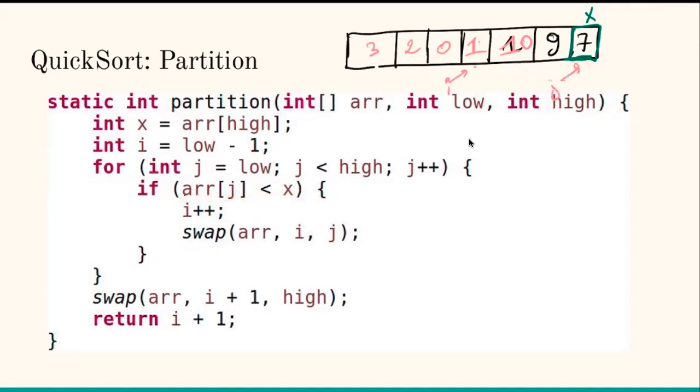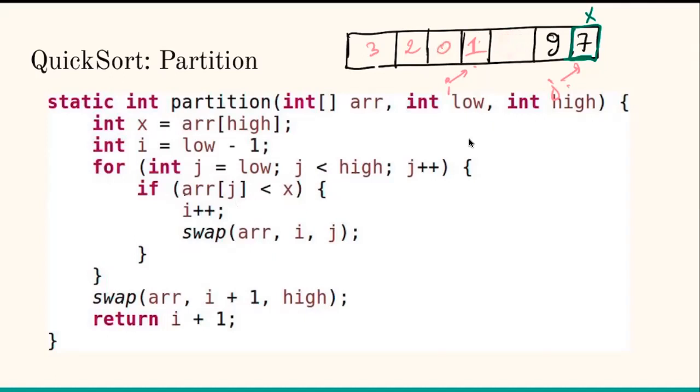So G will come here, and we go out of this loop, okay? When we're out of this loop, we swap I plus 1 and the pivot. What is I plus 1? It's 10 here, and we swap it with the value that is there. Our pivot was fixed, and I plus 1 points to the position of the pivot.